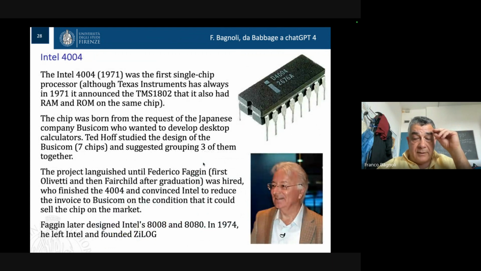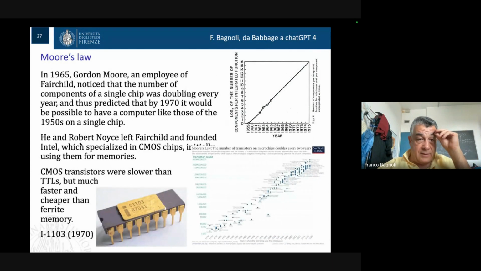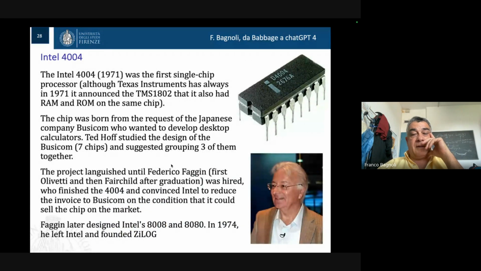So Fairchild was quite a traditional enterprise. For instance, Noyce and Hill left Fairchild and essentially carried away a technique developed by Federico Faggin.